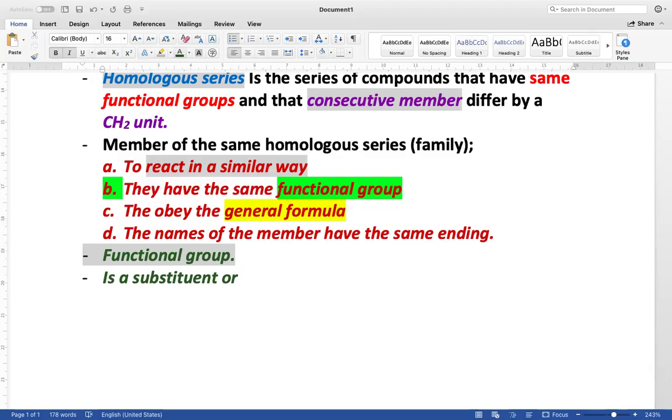Could you maybe spell it out? Okay, I wanted to share my screen, but I'll spell it. Moiety, M-O-I-E-T-Y. Yes, in a molecule that causes the molecule's characteristic chemical reactions.